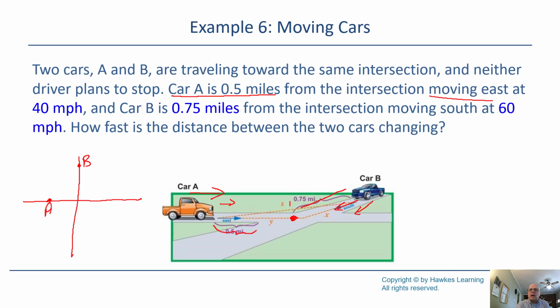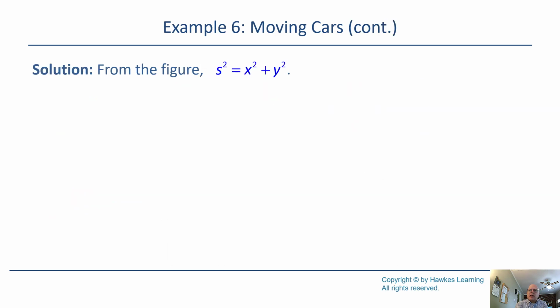We want to find out something about the distance between the two cars. The distance between the two cars is this part right here. We'll call this S. Since this makes a right angle here, we can use the Pythagorean theorem. So S squared equals x squared plus y squared.